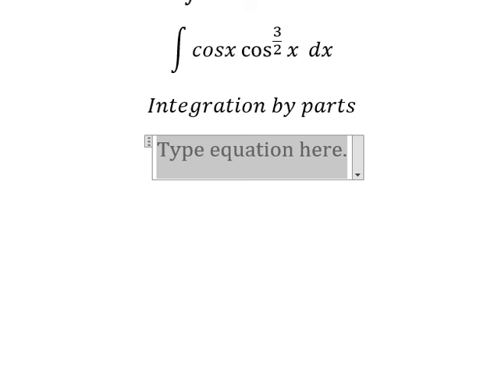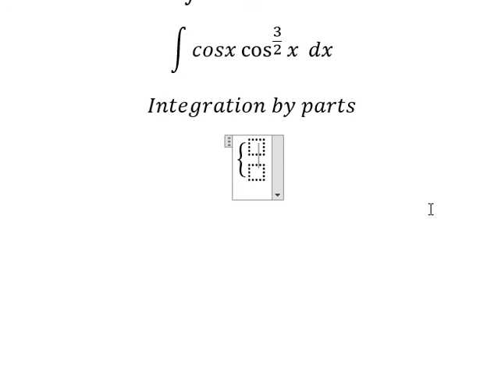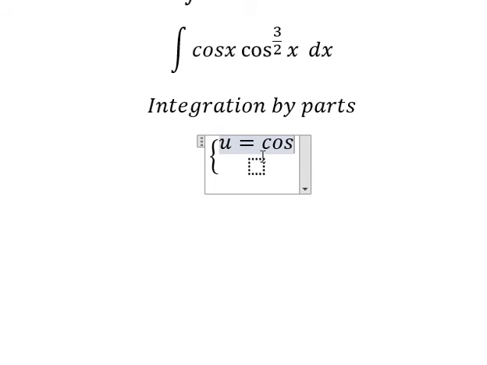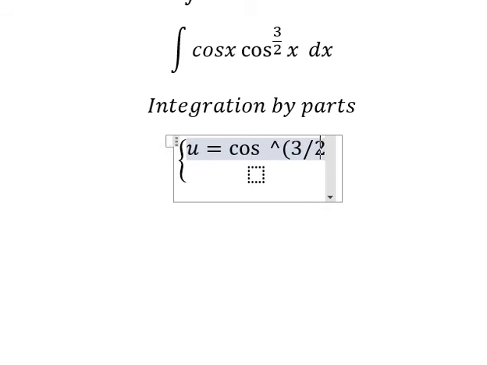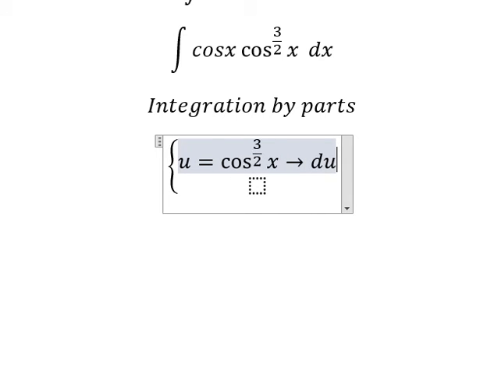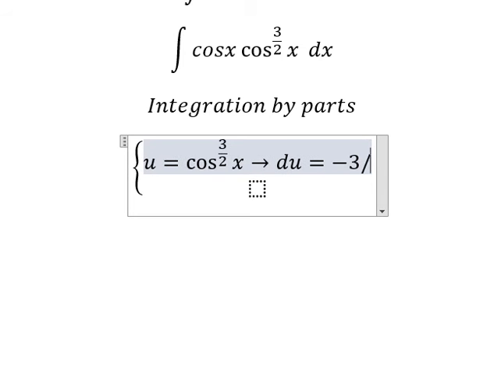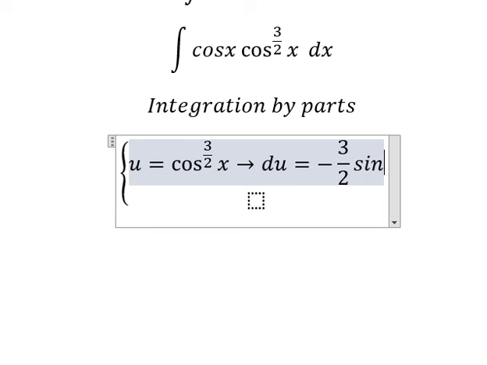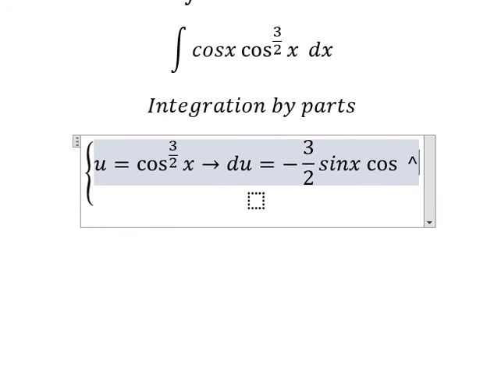So, I will put u equals cosine of s to the power of 3 over 2. So, if I do first the derivative of this one, we have negative 3 over 2 sine s cosine of s to the power of 3 over 2 minus number 1.